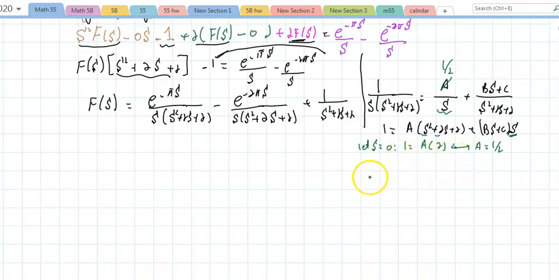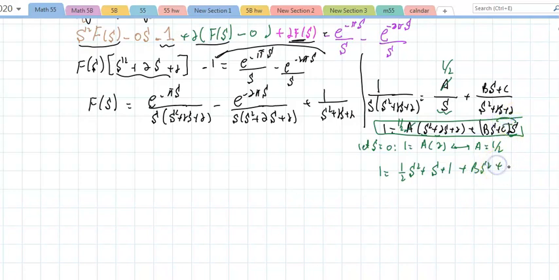I'm going to do, I suppose here, if I take those now and proceed with this being 1/2, I'm looking at 1 equal 1/2 s squared plus s plus 1 plus bs squared, distributing that in, plus cs.